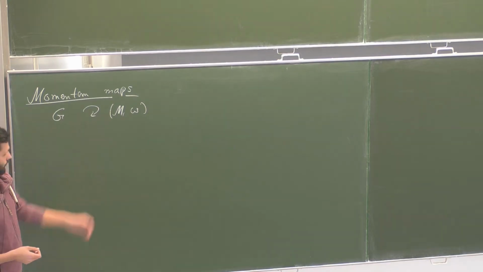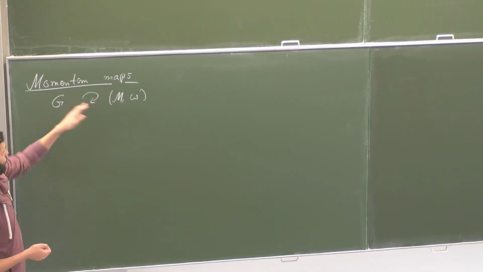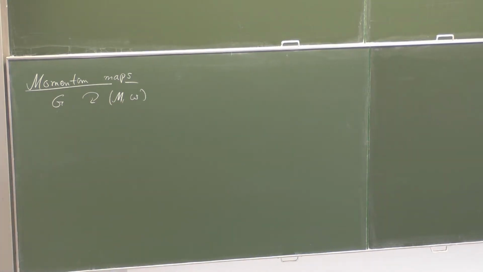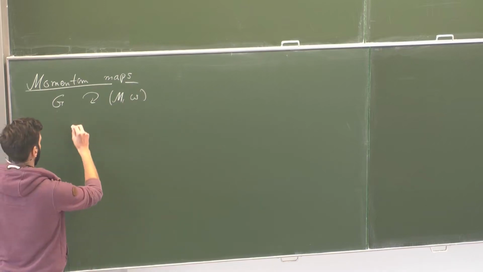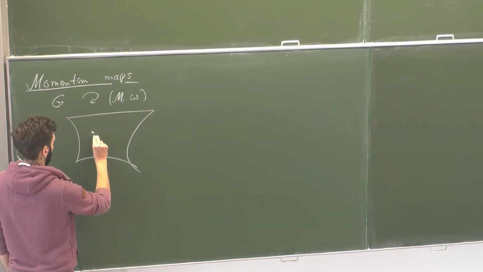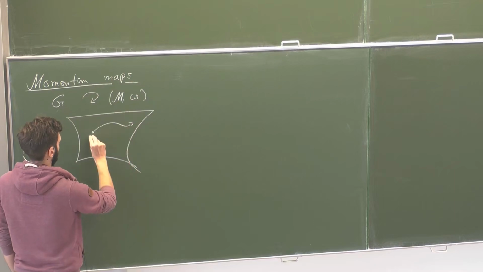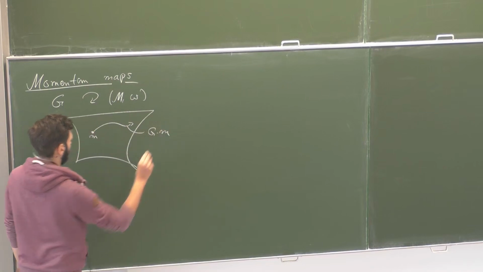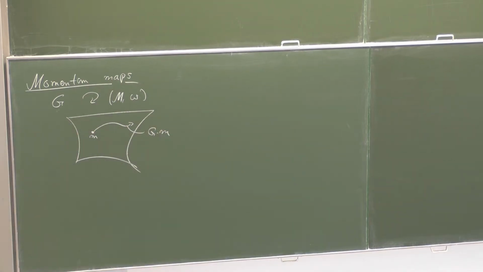So that's the setting, and we assume that the Lie group acts on a symplectic manifold and preserves the symplectic form. And then corresponding to that action, consider some point, and that point moves with the group action. So that's the orbit that you get from the group action.